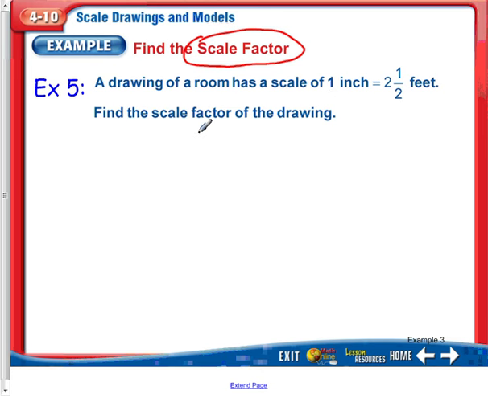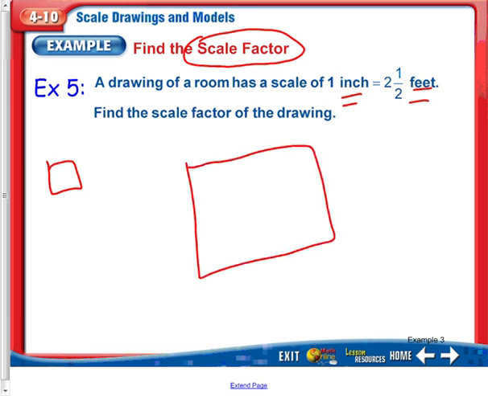Find the scale factor. Well, the biggest problem here is that we have different units, which is common when dealing with scales. But if I have a map right here and I have a map right here, I want to know what was the factor used to multiply to get from here all the way to here. I want to know what is being multiplied, and you can't do that with different units.